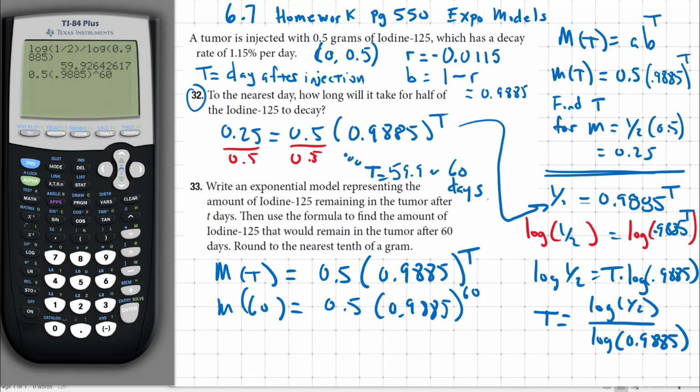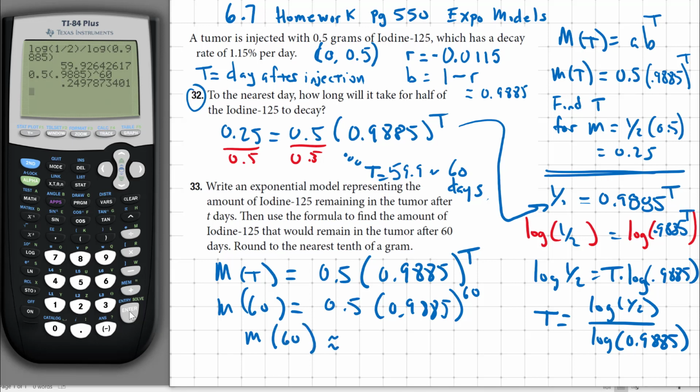All right, if you look over on the left, you can see I typed it into the calculator. We can hit enter, and we find that the amount in 60 days is approximately 0.249. Well, that's basically 0.25 milligrams.